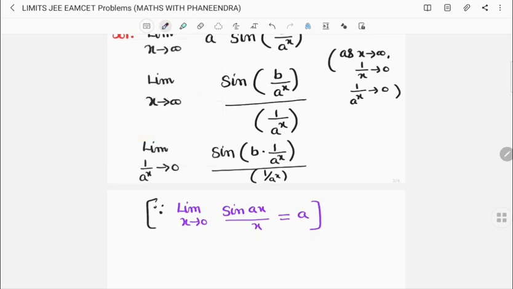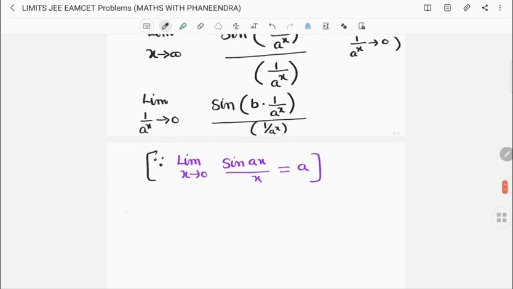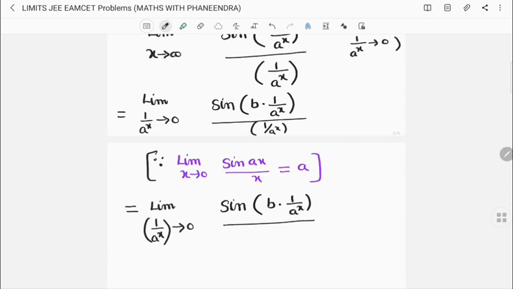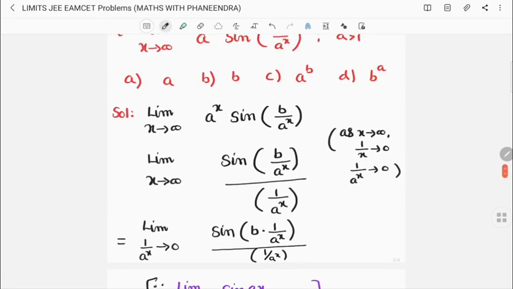So the above value becomes limit 1 by a power x tends to 0, sine of b into 1 by a power x divided by 1 by a power x is equal to b. By using the above formula, wherever a is there, b is there here. So the answer is b, which is the second option.